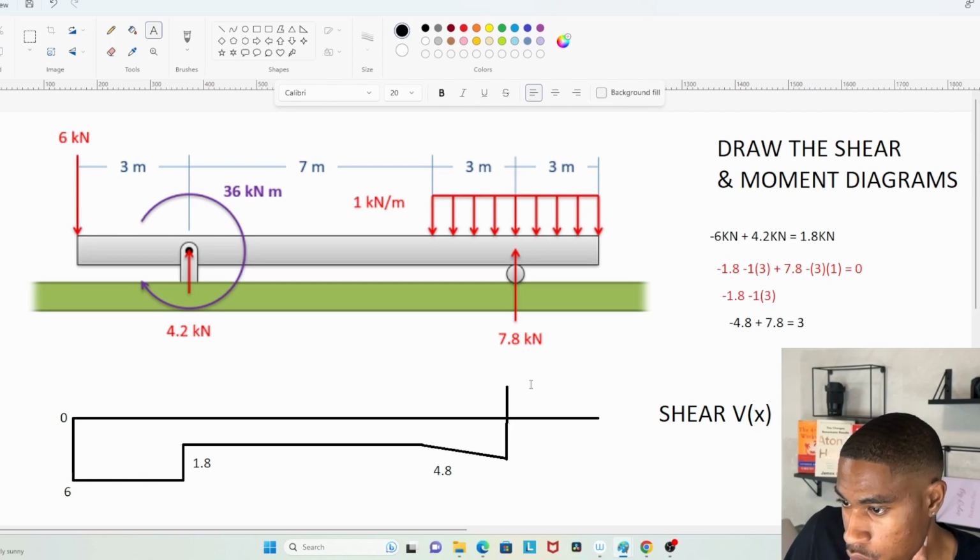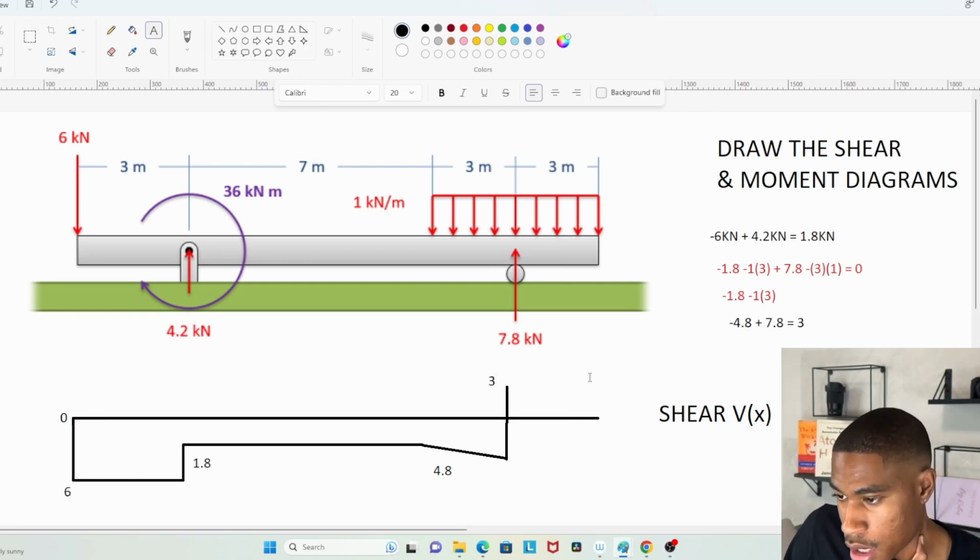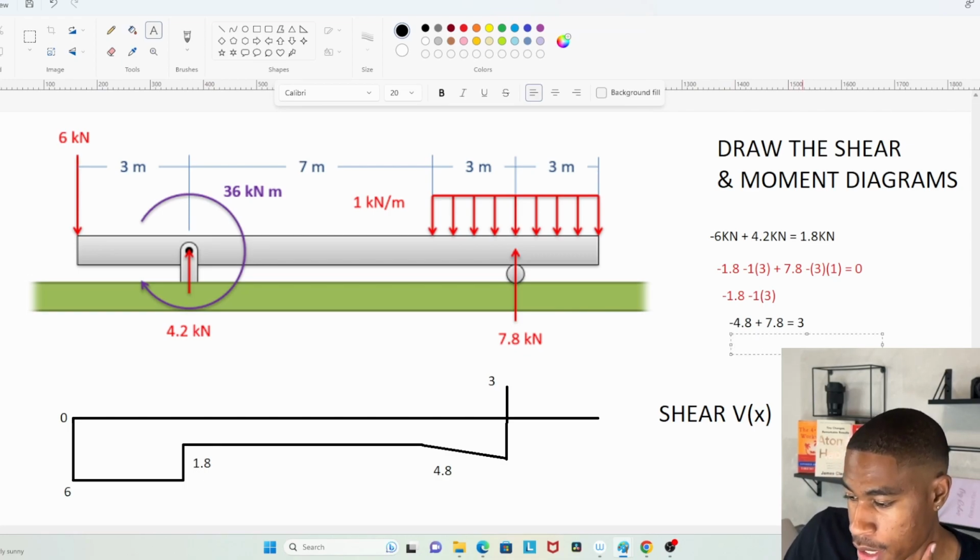So I know that at this point it's 3. And then from there we have 3, and then we'll do minus, from the end.